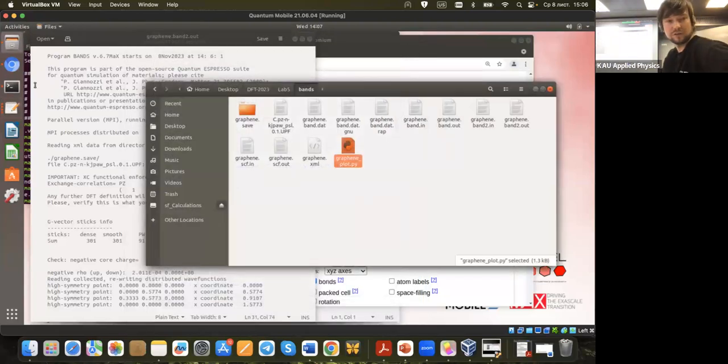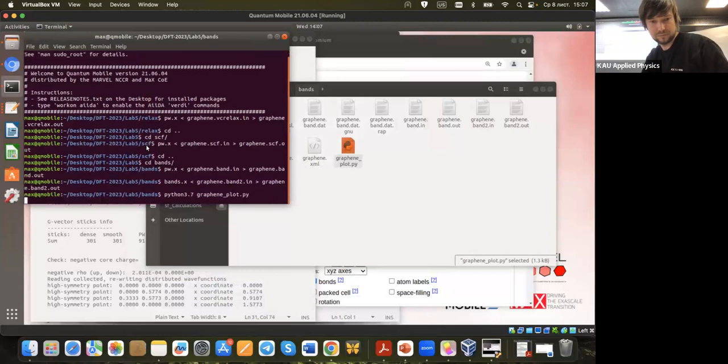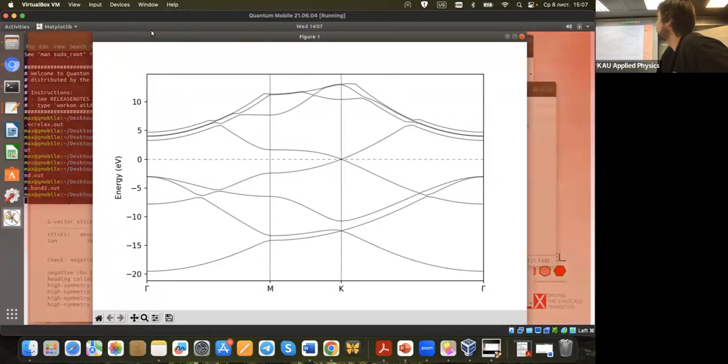I hope now you are quite familiar with this script. You all got this.